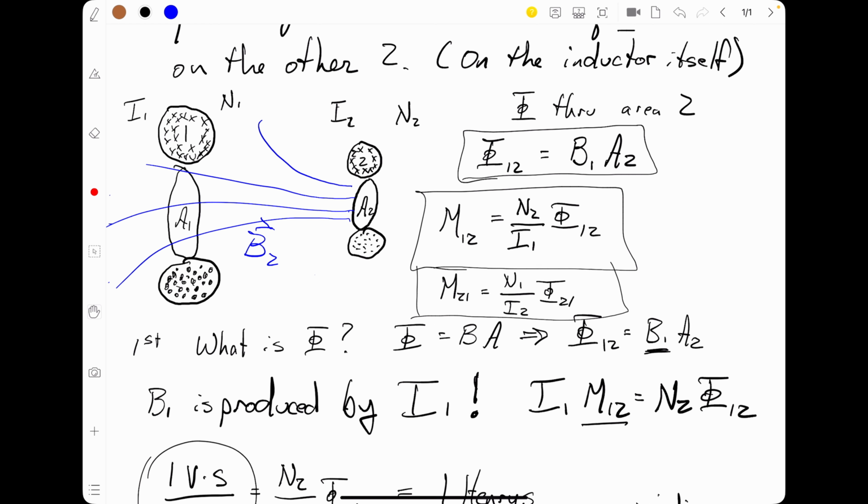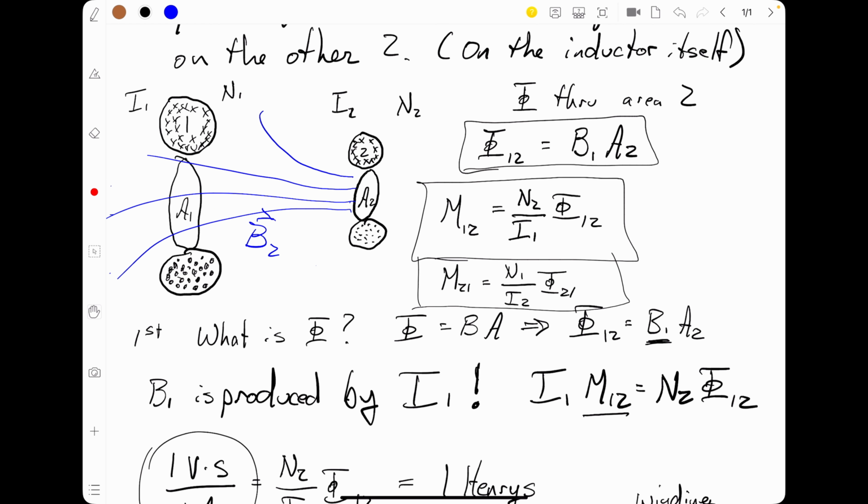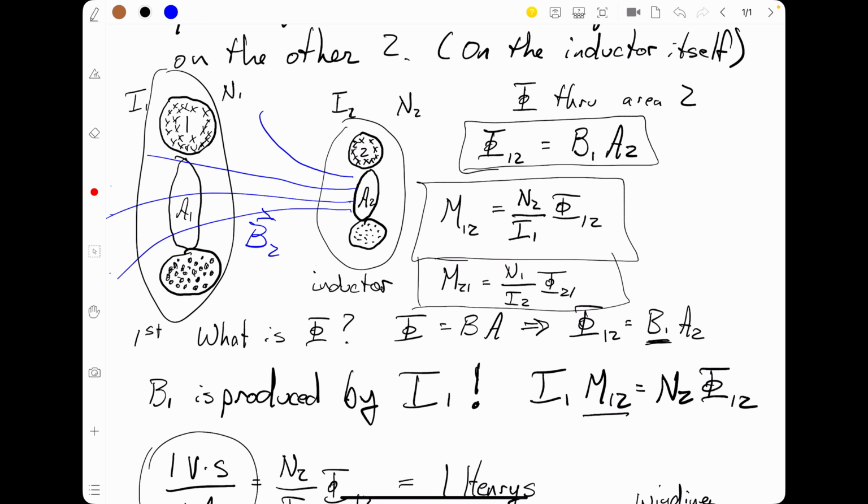We've got mutual inductance happening, okay? What do we call these things? This thing is an inductor. This thing is an inductor. So these are inductors, okay?